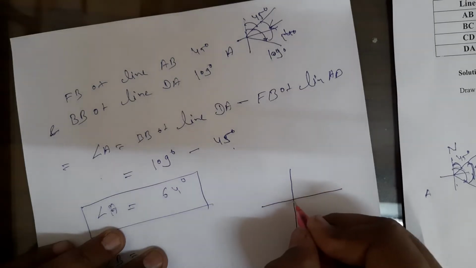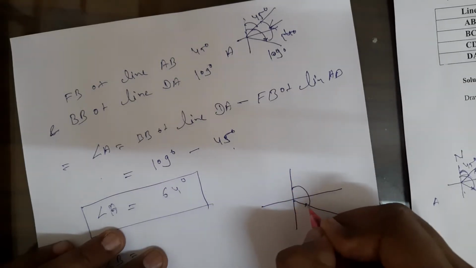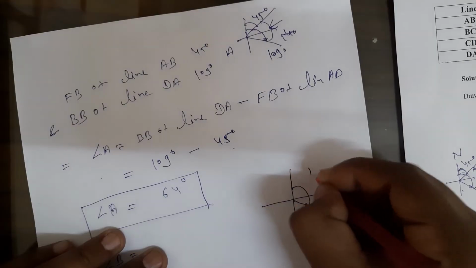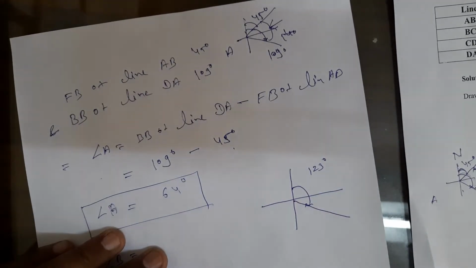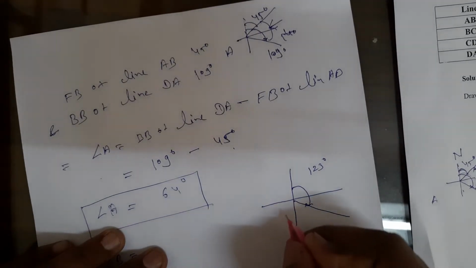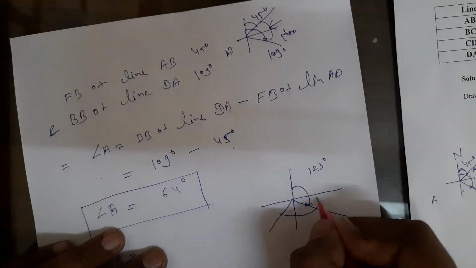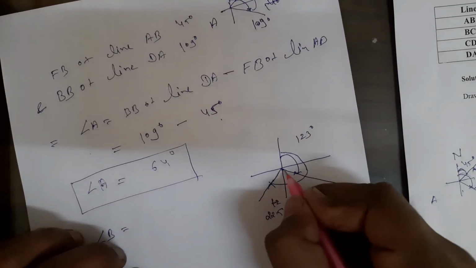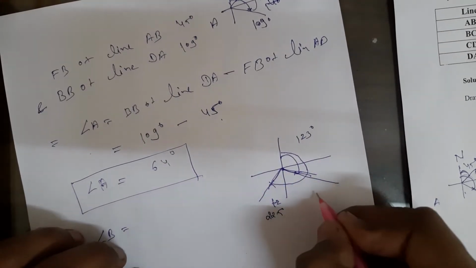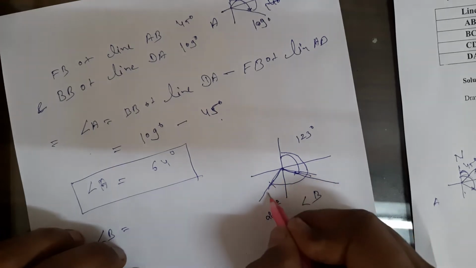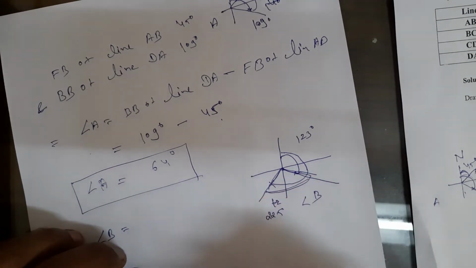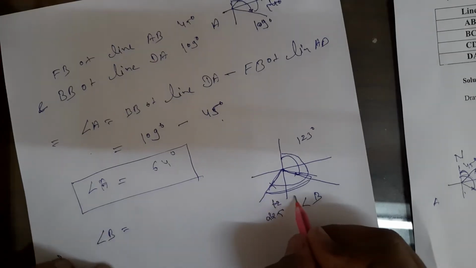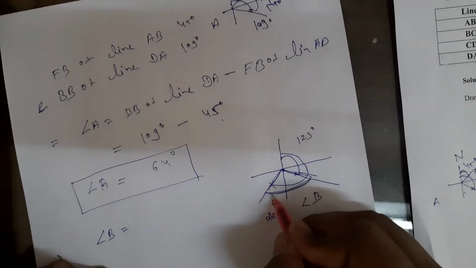Okay, this is 123 degree, and what is the back bearing? 225 is somewhere here. Okay, this is your 225 degree. So this is your angle B. This value you need to calculate. So what do you do for this angle?